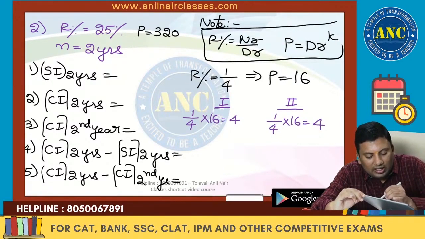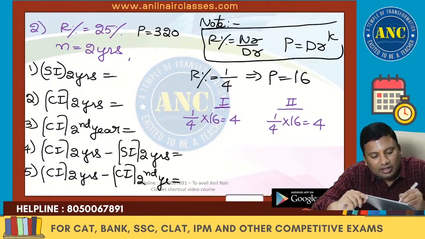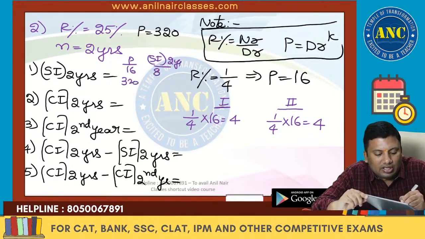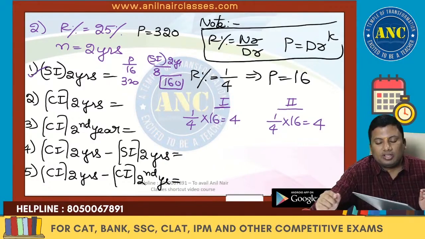So total SI for 2 years is 8. When the principal is 16, SI for 2 years is 8. But it is 320, 16 into 20. 8 into 20 is 160. First answer is 160.